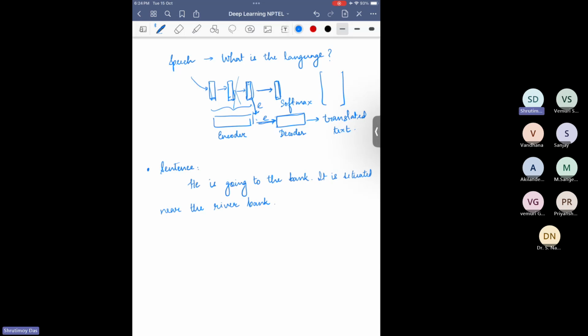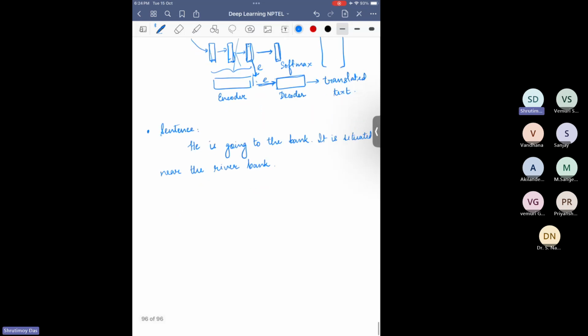The actual sentence is not exactly this way. The one thing I want to show is the word bank. This bank can have different meanings, right? Suppose now I have a question: where is he going?